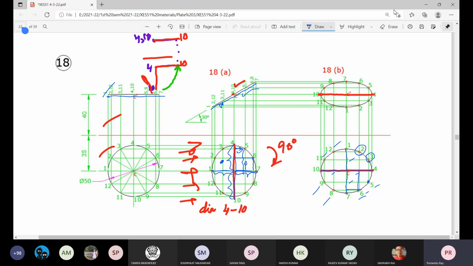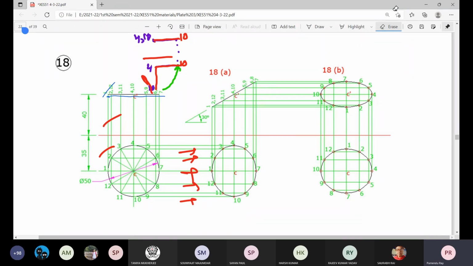So when you take up the problems of plates or lamina or some polygon, you think of it as a whole, and the starting configuration should be either parallel to HP perpendicular to VP, or parallel to VP perpendicular to HP, so that you get this type of combination, where one view is in the form of a straight line and the other view is the true shape.